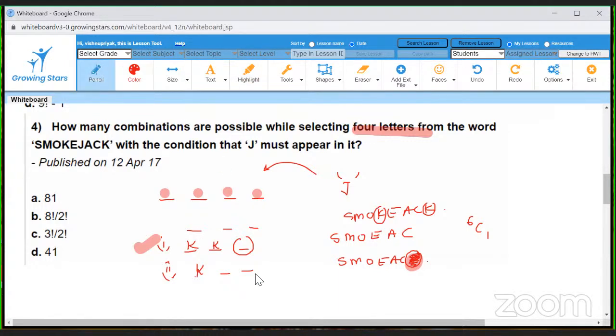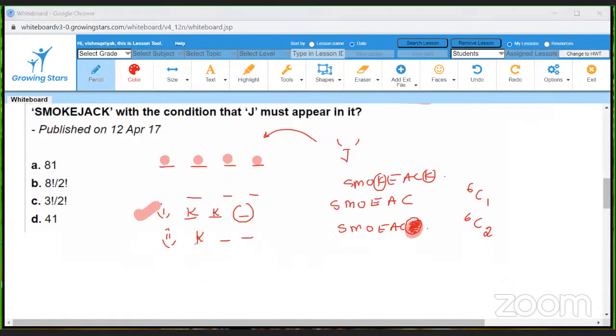In these 3 letters, 1K is there. The other K we are not going to take, because if we take 2 Ks, that is already included in the first case. So now we have 6 letters from which you have to select 2 letters and fill up these 2 places. That is the second case.